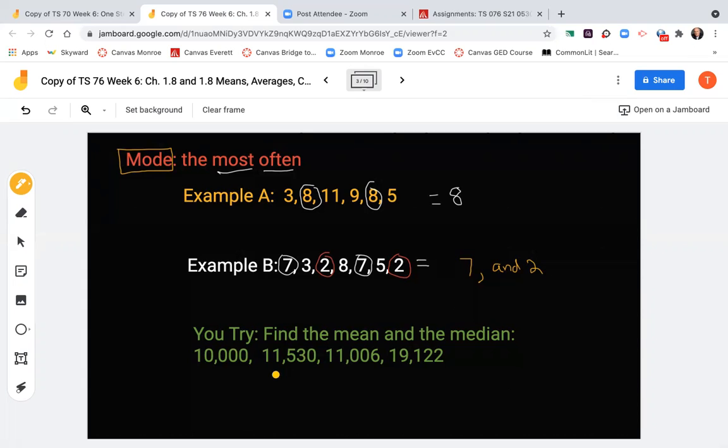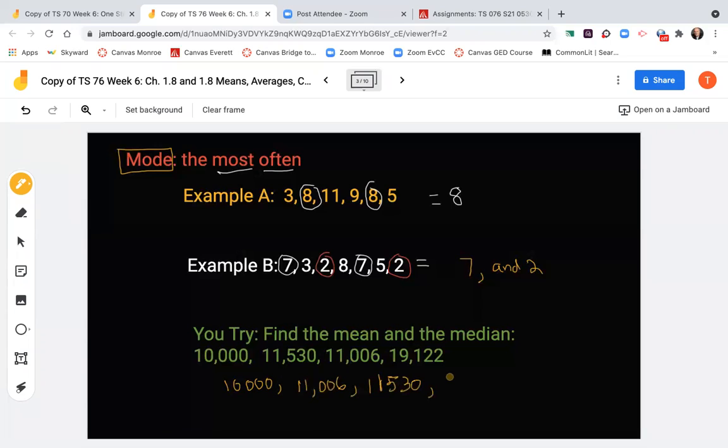And so I would look at these numbers and put them in order from smallest to biggest. So in this case, I would do 10,000. And then the next smallest number is 11,006. And then I've got 11,530.